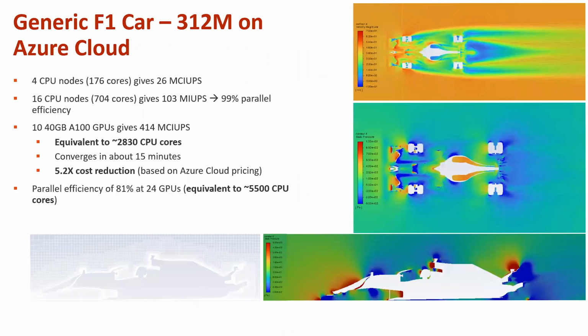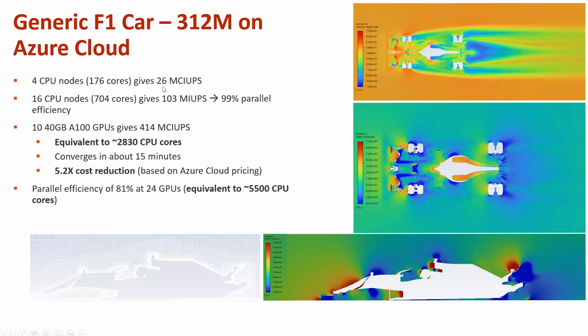This is another problem that we solved on the Ansys Azure cloud. This was for a 312 million mesh count. So that's like a huge mesh, right? And no wonder they had to do this problem on the cloud, because you need a lot of CPU cores to solve this problem. So the baseline was using 4 CPU nodes, roughly a total of 176 cores.